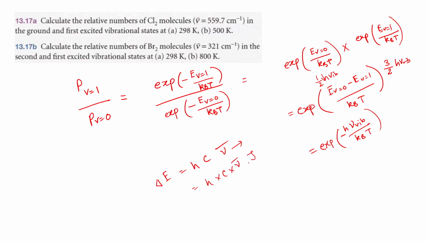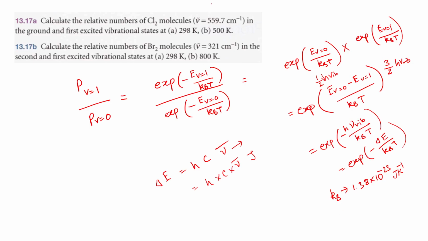So that will give you the energy in joules. That is your delta E. So this is actually nothing but minus delta E by kBT. The kB value you know: 1.38 times 10 to the power minus 23 joule per Kelvin.